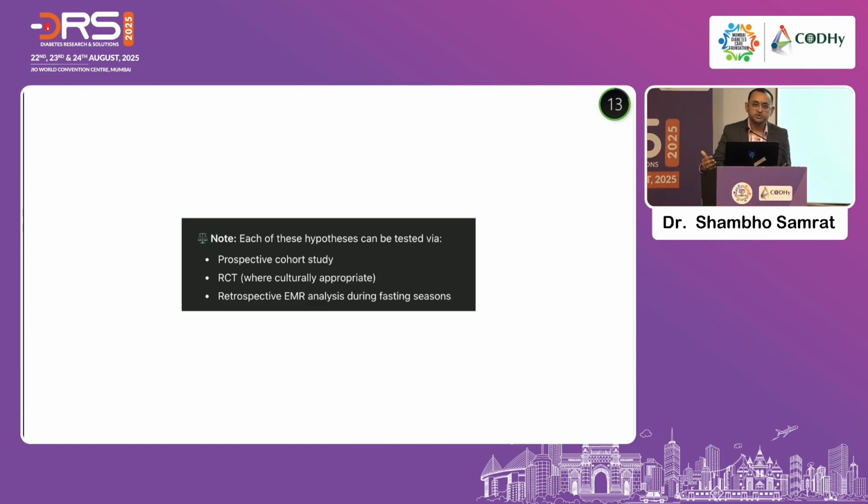So after hypothesis, we need to do the research, and for research the design is extremely important. And they had mentioned we can do it by prospective observational study, by randomized control trial or retrospective study. But what is again important, I just want to highlight how advanced ChatGPT has become. In RCT, they had clearly mentioned "where culturally appropriate."